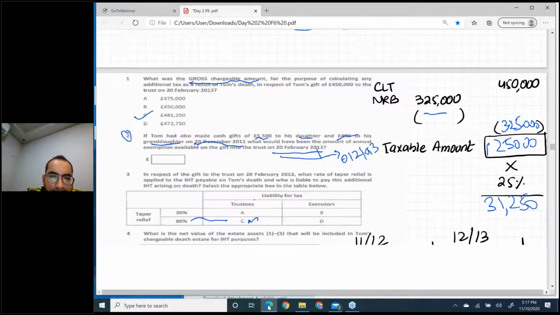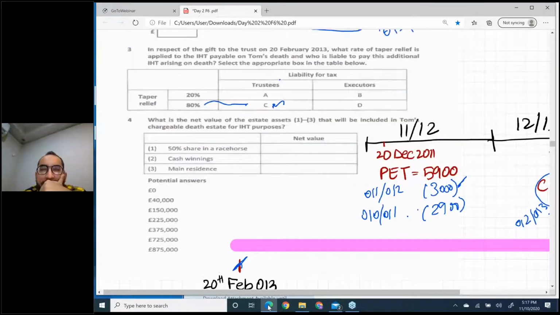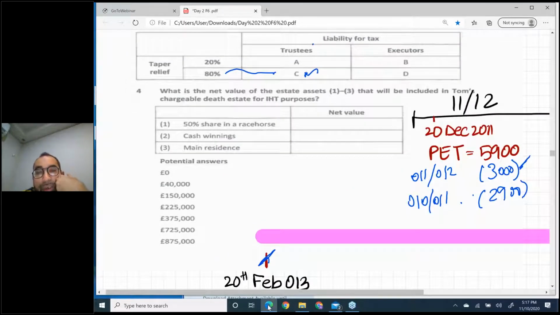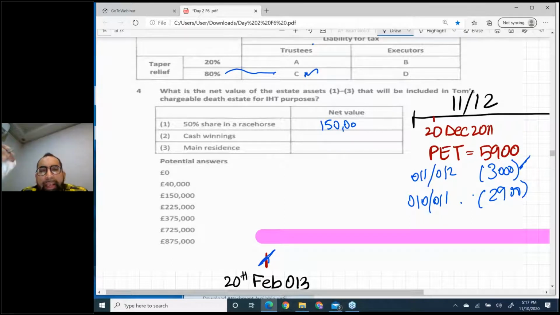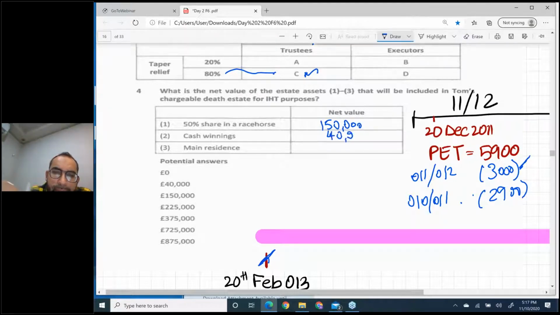Easy one. What is the net value of the estate assets 1 to 3 that will be included in Tom's chargeable death estate? I hope you remember the numbers. 50% share in race horse, that is 150,000. Cash winnings 40,000.